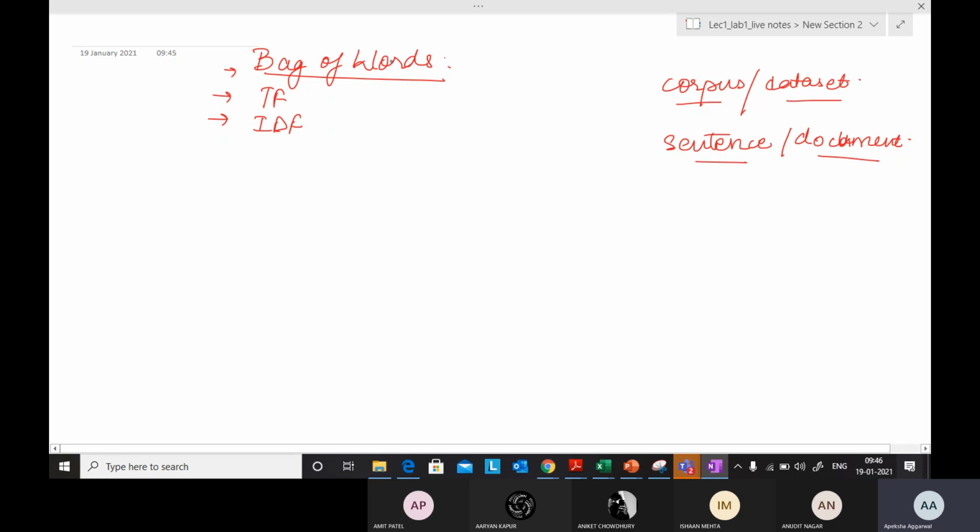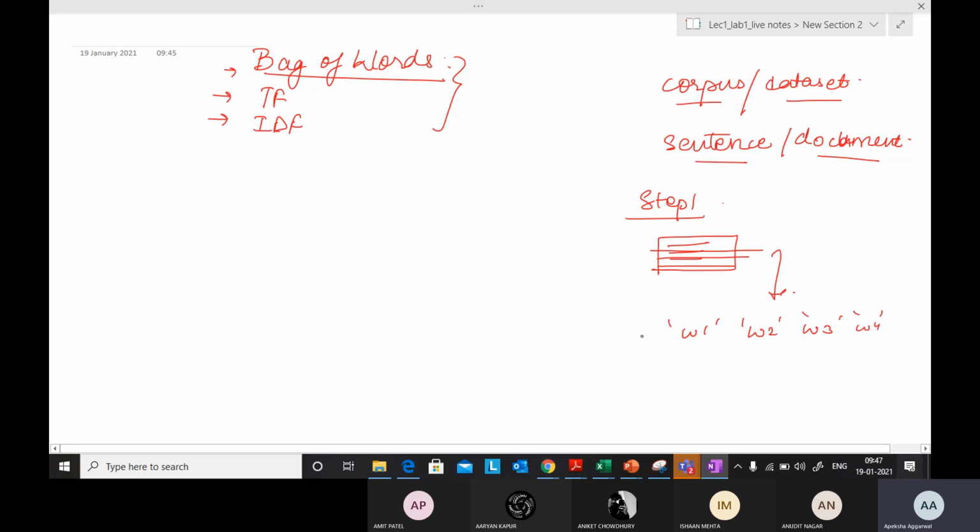Okay. So why is this needed? Step one was pre-processing. In pre-processing, we had a dataset with a set of sentences: the first sentence, second sentence, third sentence. What we have done was extract a set of words: word 1, word 2, word 3, word 4.